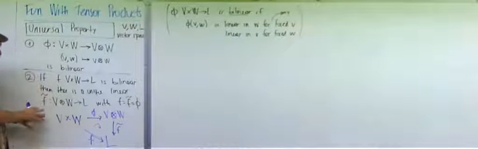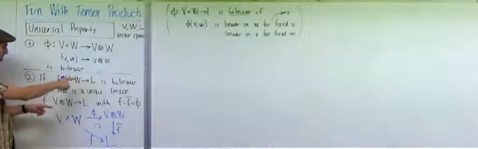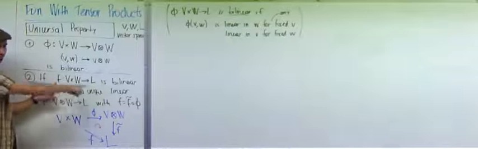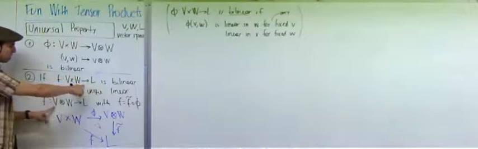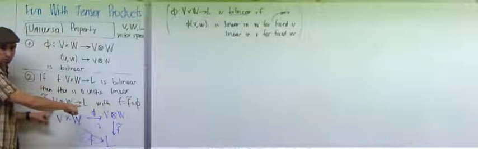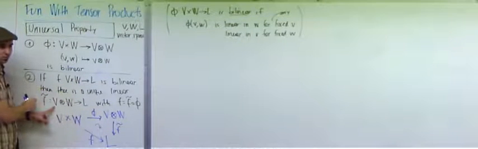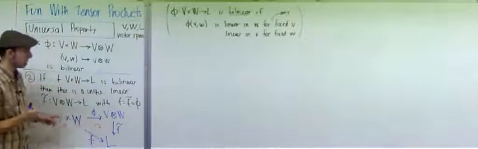But this does it for you. Because this says, if you have a bilinear map, which is easy to define, then that is going to give you a map from the tensor product. And so this is a very useful way to construct maps from a tensor product to somewhere. That's what we're going to do.